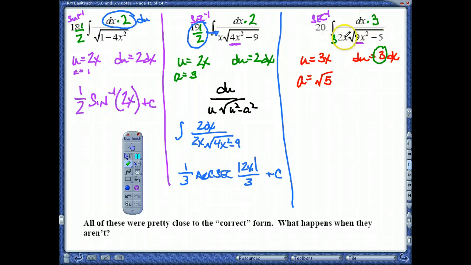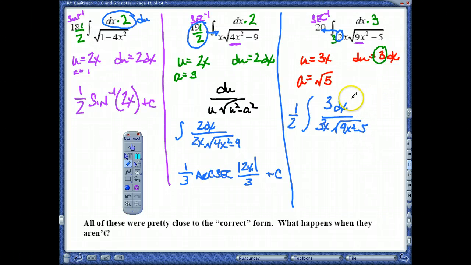So 3 over 3, that's just multiplying by 1. That 2, I don't need, so that 2 is coming out. But look at where that 2 is. That 2 is on the bottom, so it's going to come out as a 1/2. So I have 1/2 integral 3 dx over 3x square root of 9x squared minus 5.